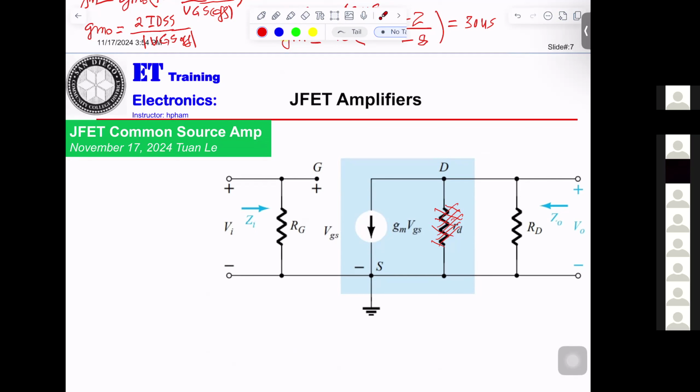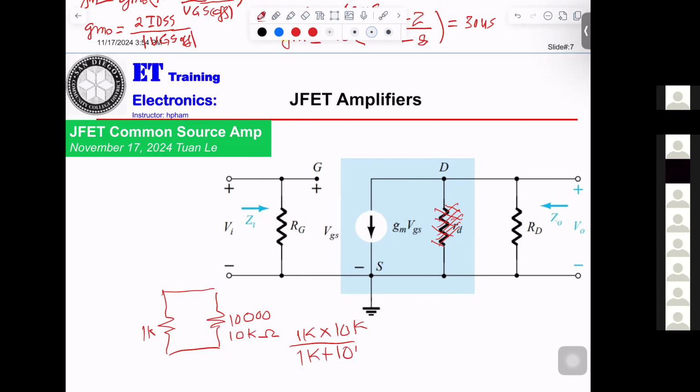Now if you get a 10K resistor in parallel with 1K, combining two resistors in parallel, it's going to be 1K times 10K divided by 11K.